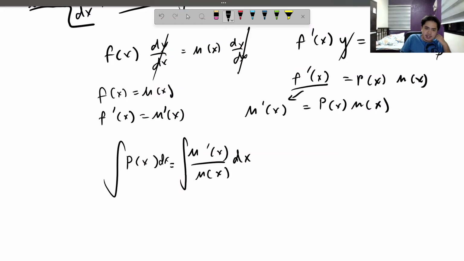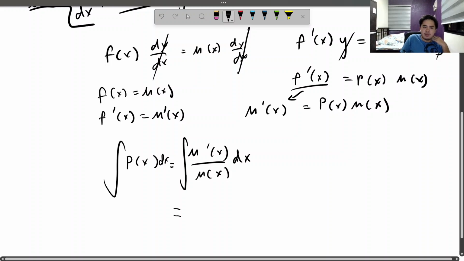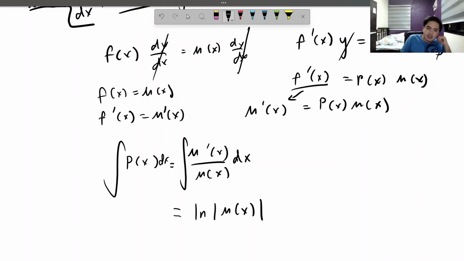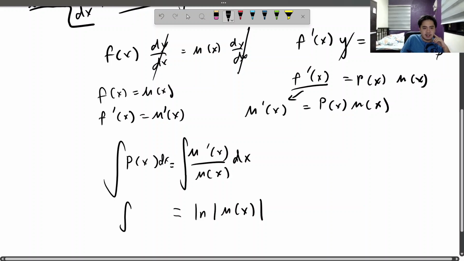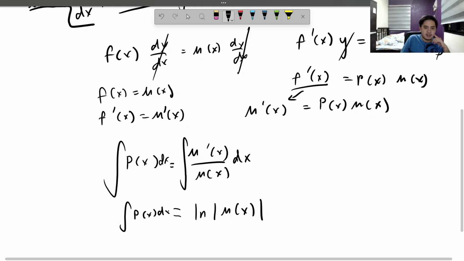But this is especially interesting because it is of the form ln of mu of x, right? For plus c, we just say c equals 0. It doesn't really matter in this one. But we have ln of mu of x and the integral of p of x dx here.